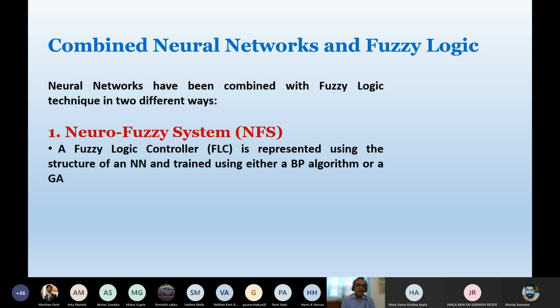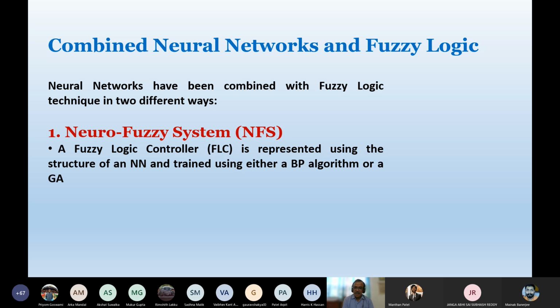In the first approach, called the neuro-fuzzy system, a fuzzy logic controller or a fuzzy reasoning tool is represented using the structure of a neural network, and it is trained using either the backpropagation algorithm or a genetic algorithm. Let me repeat. This neuro-fuzzy system, in short, is known as NFS.